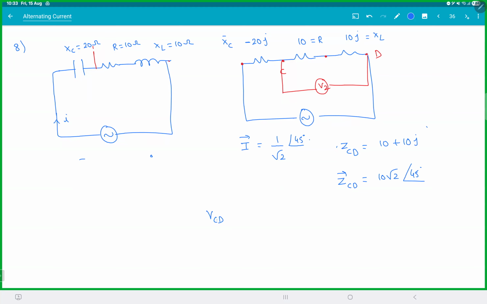So VCD will be multiply both of them, you get 10, 90 degrees. This is your peak value. So RMS will be 10 by root 2. This is the reading of V2. Any doubts on this?